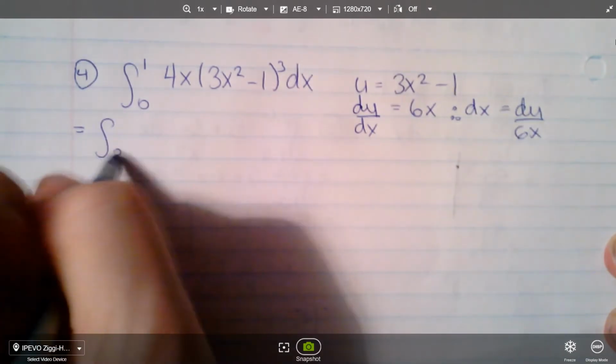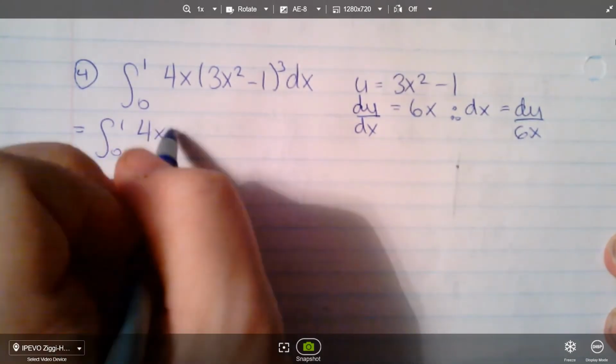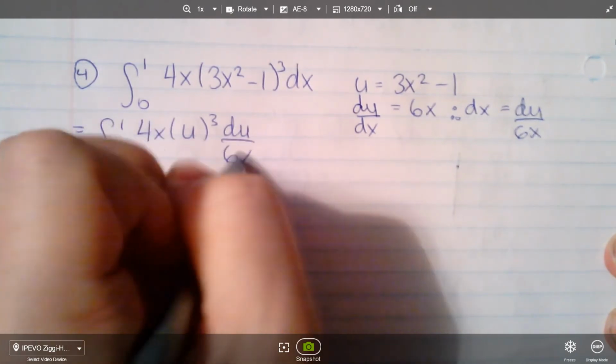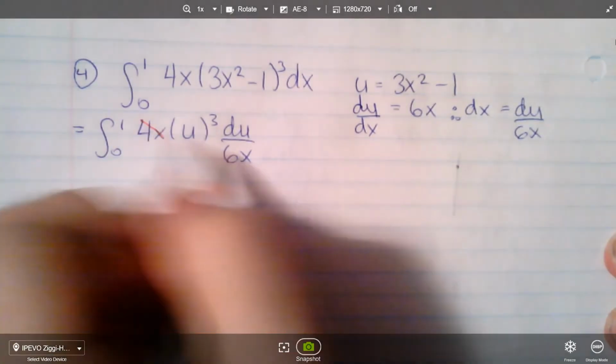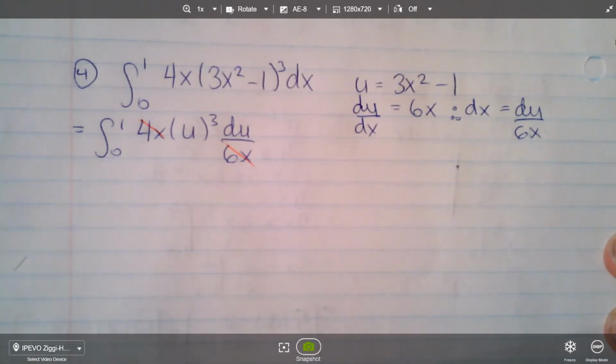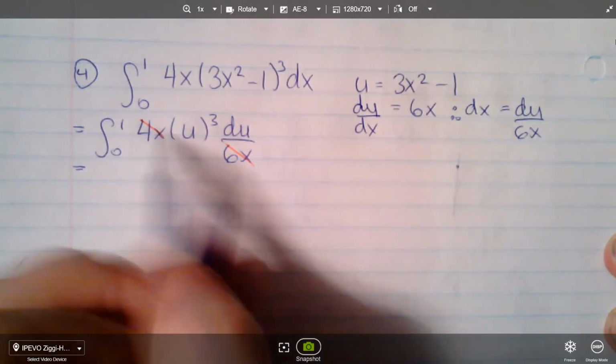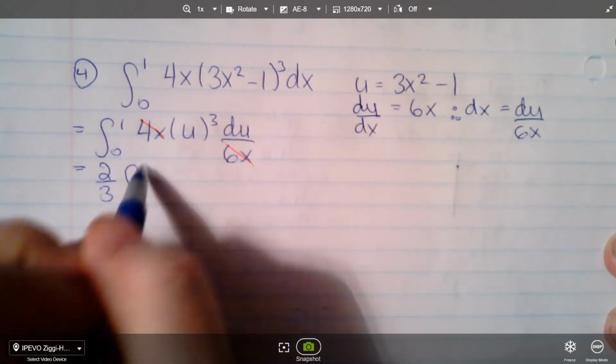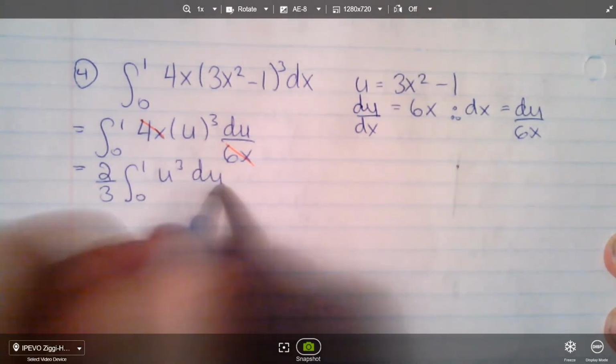So if I go ahead and do my substitution, I end up with x canceling, the 4 and the 6 reduced to 2/3, u cubed du.